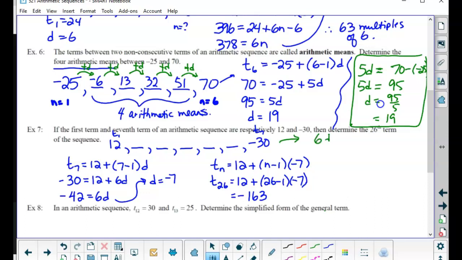So 6D has to equal the difference between the last term and the first term. So then D is negative 42 over 6, which is negative 7. Okay? So that's really a more logical approach. If you didn't know what the general term of an arithmetic sequence is, then that's what you do.